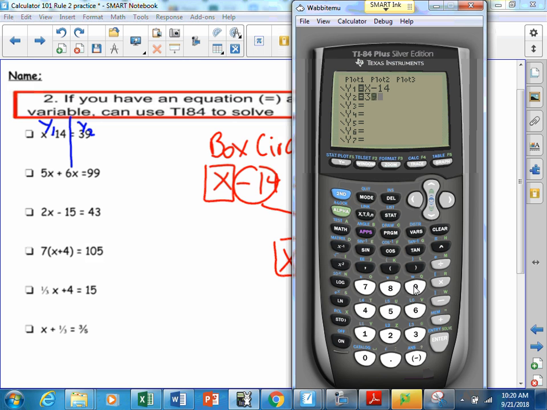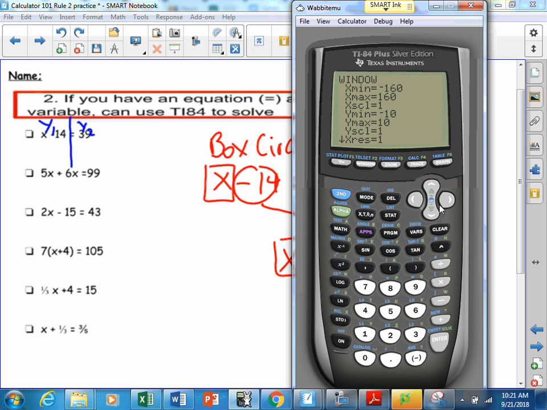In fact, I want to just put in my window setting. I'm going to do something interesting. I'm going to set my window setting to negative 160, because a lot of times when we deal with these really big numbers, we need to be able to see everything. And I'll walk you guys back through this again so you can do it at home with your calculators.